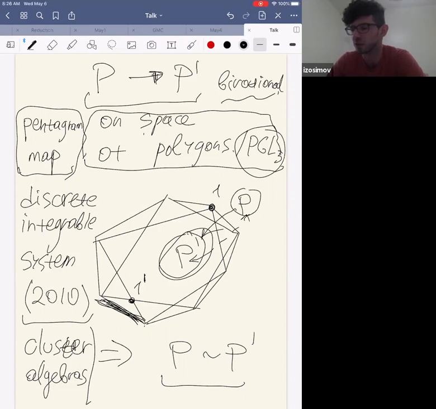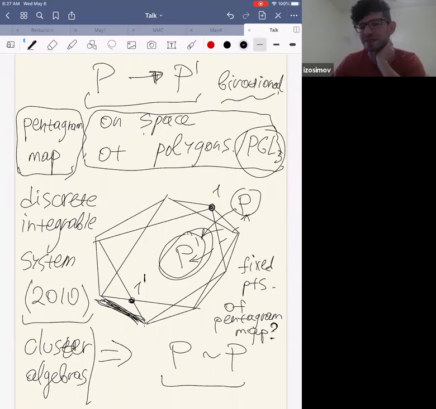In other words, we want to study fixed points of the pentagram map, and we can reformulate our question as a question of describing the fixed points of the pentagram map. It should be clear by this point that this has something to do with integrable systems, because we are describing fixed points of a certain integrable system, and hopefully we can use techniques from integrable systems to answer this question.